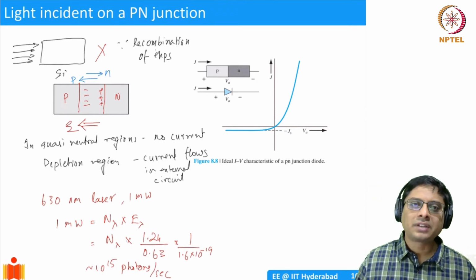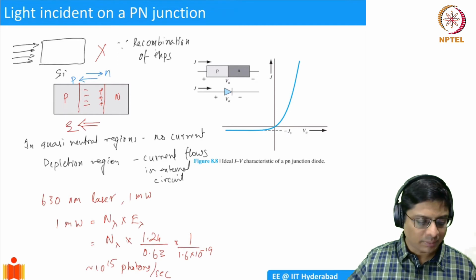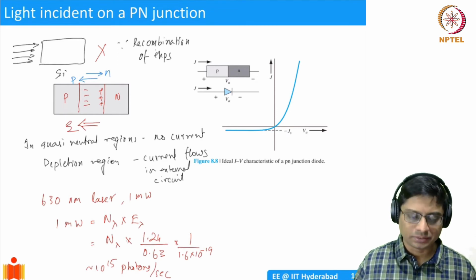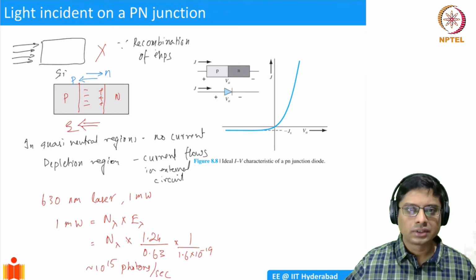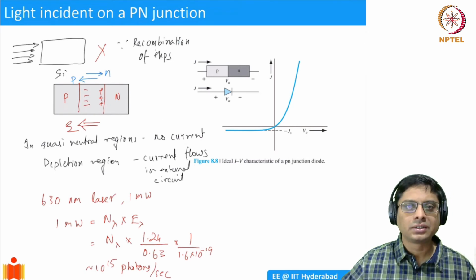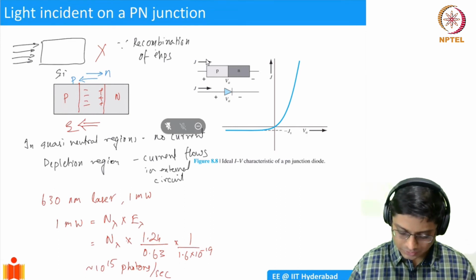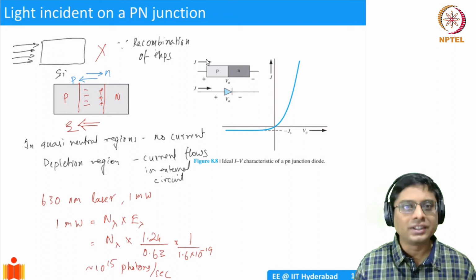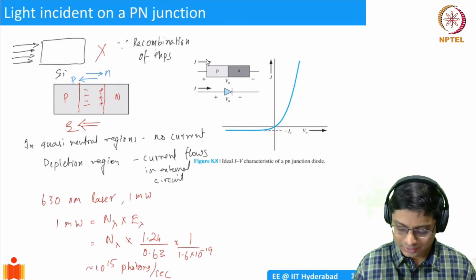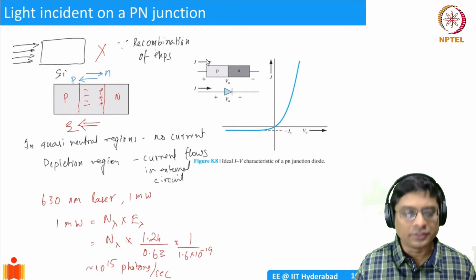So if you have 10 power 15 photons and they are swept across the device, what is the amount of current that we generate? Okay, so when you shine this 1 milliwatt laser, you'll get about 10 power 15 photons per second.